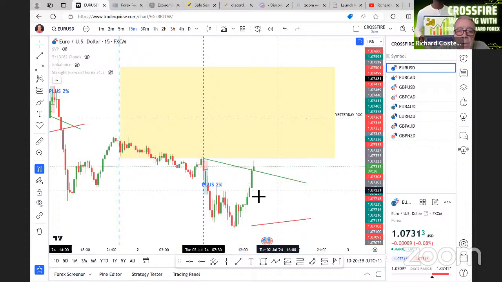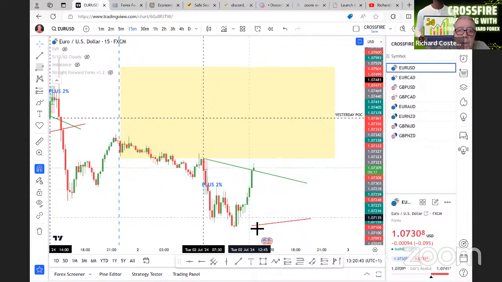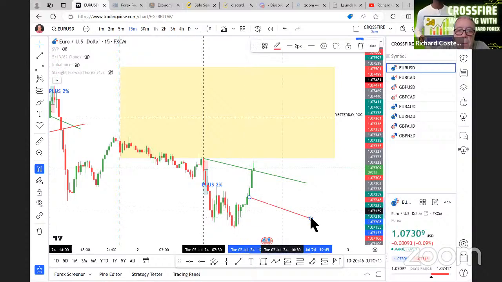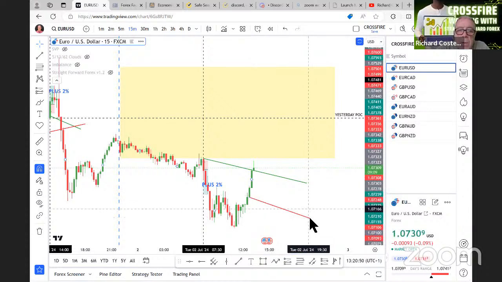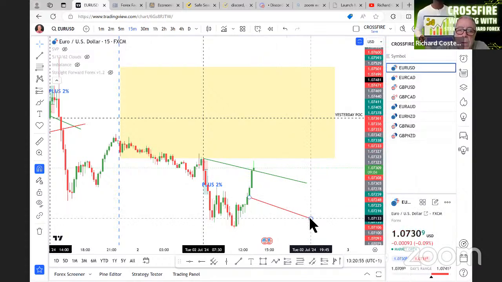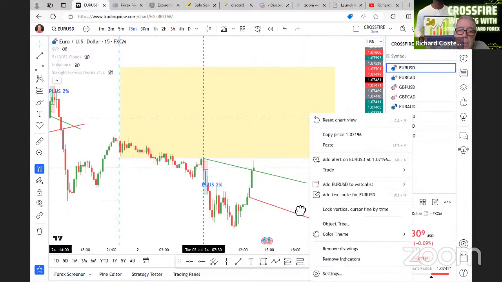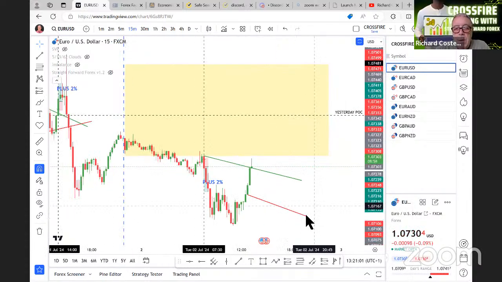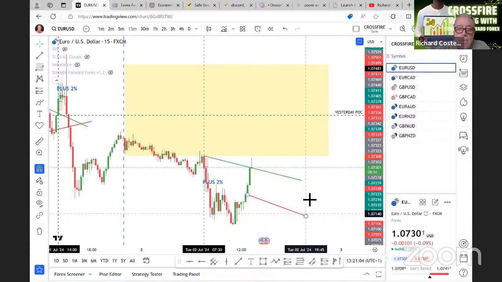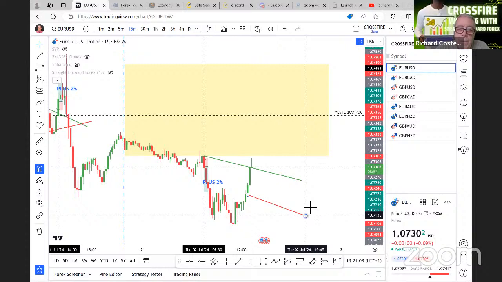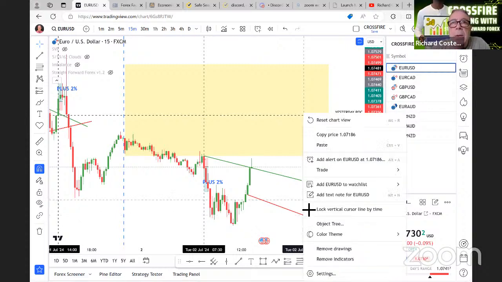I'm looking at the bottom and I'm looking left, and the nearest lower candle is that one. And I just need to drag this up. For some reason, this mouse pad is not working effectively.